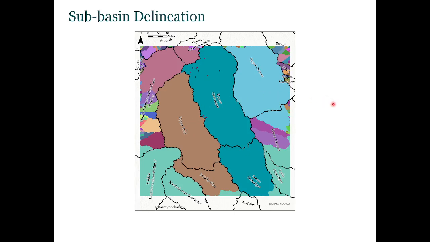So here's a look at the subbasin delineation. This exact figure was done using the overall DEM file, so not specifying a pour point, but instead specifying a stream network. However, I also did subbasin delineations, as you saw previously, just using the sampling points as support points.